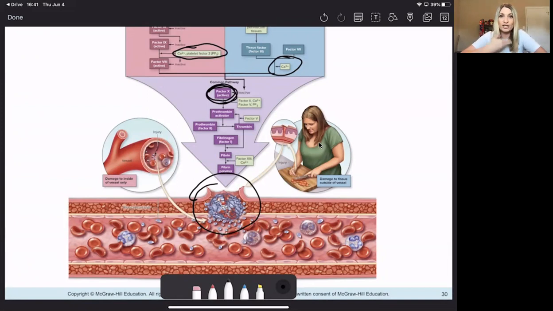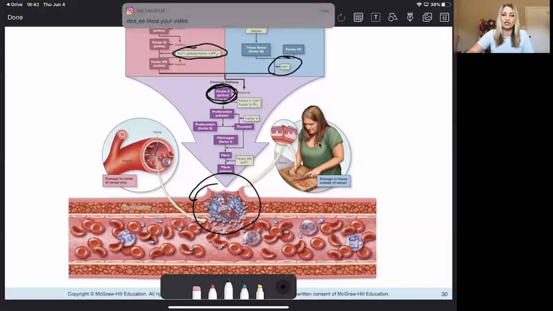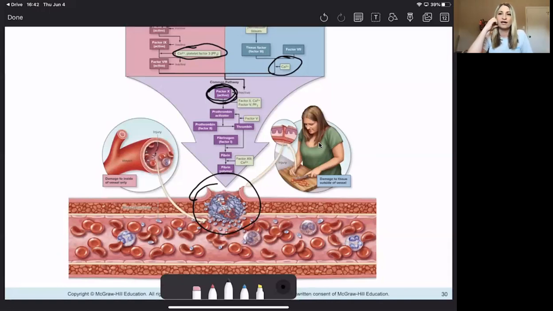Force of contraction is also the same. So you have less blood, so you increase force of contraction and you increase heart rate. And this is also going to make the smaller amount of blood that you have circulate through your body faster.